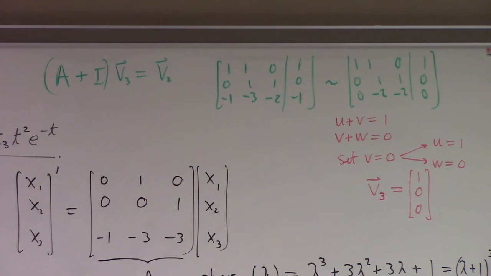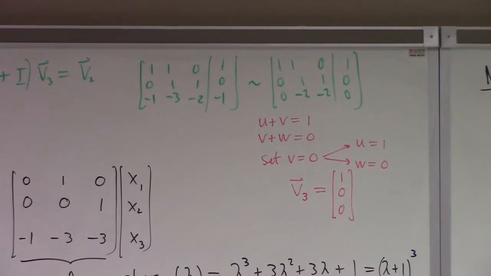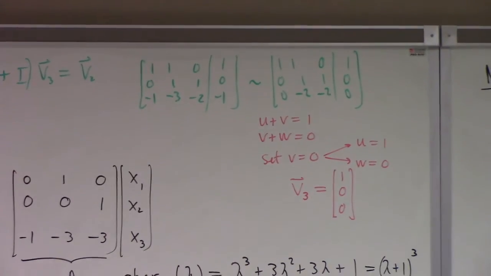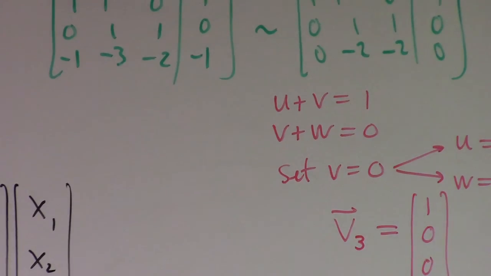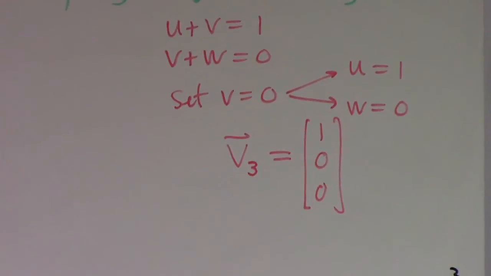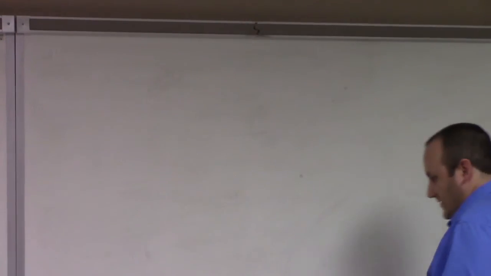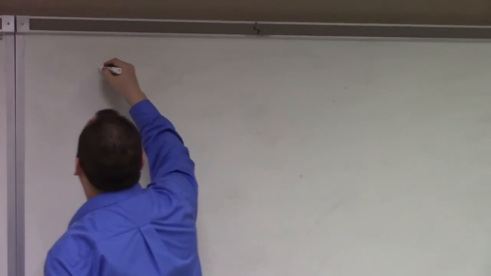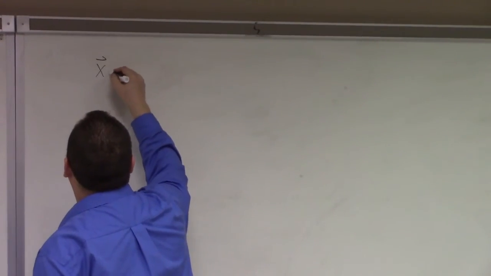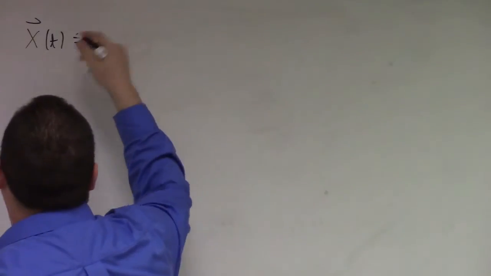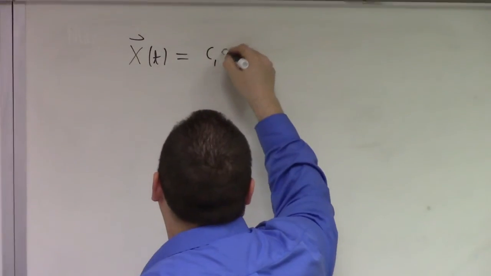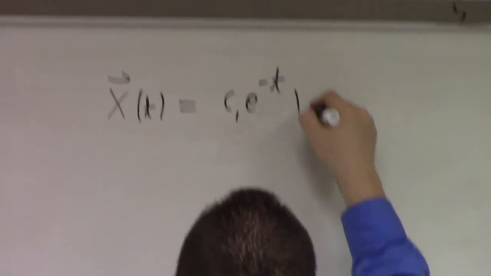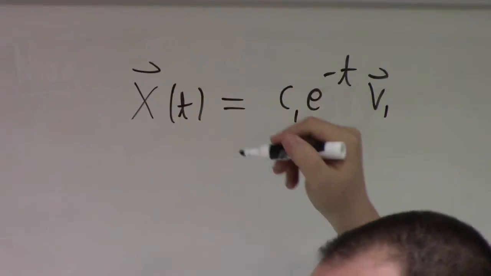All right, now, what do I do? Let's write down the general solution using the magic formula, which I just erased. Sorry. So x of t is equal to c1 e to the minus t v1, because v1 is an eigenvector, right?